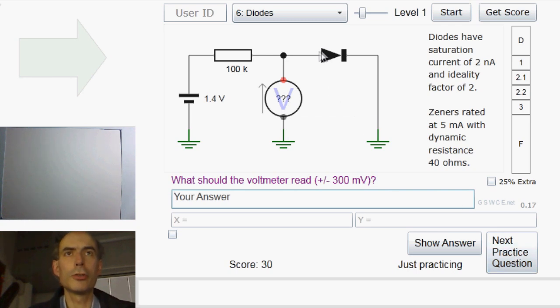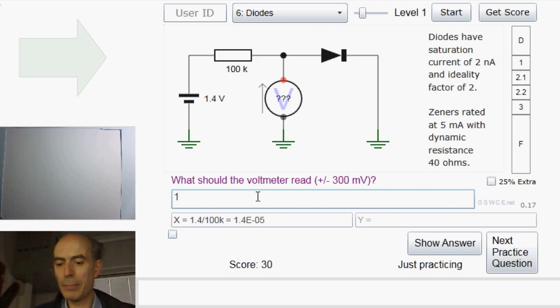This time you'll notice the diode has swapped direction. So now this diode is forward biased and will be taking quite a lot of current. How much current? Well, not that much. Even if that diode had no voltage drop across it at all, the current flowing in this circuit would be limited by this resistor to 1.4 divided by 100k, about 14 microamps. So there's not much current flowing through that resistor, so I could assume the voltage across the diode would be about 0.6 volts.